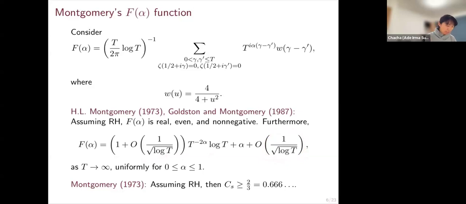What's important here is that this holds uniformly for all alpha between 0 and 1, including the endpoints. If you recall from Montgomery's paper, he did not prove up to 1, but you can see easily that actually his proof worked up to 1. And this was all covered in this paper.